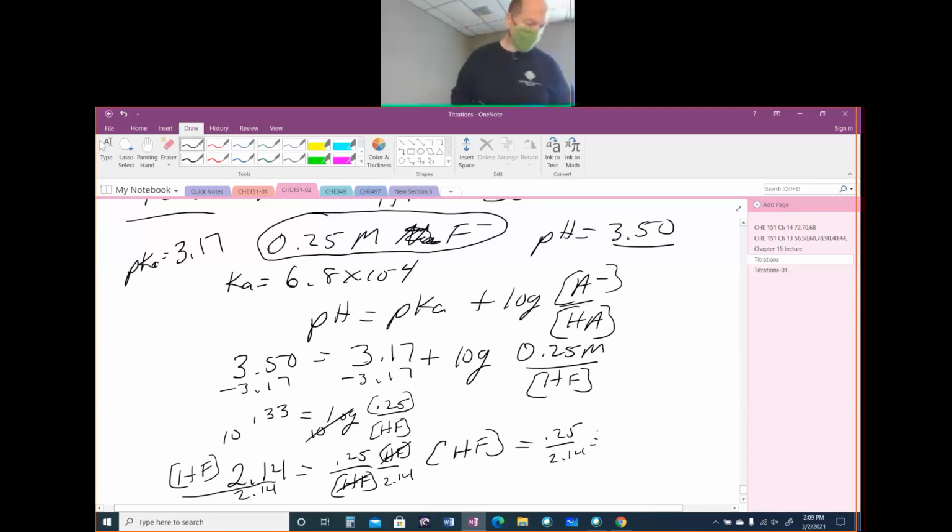And that is a 0.12 molar. To more sig figs, it is 0.1169. All right, so that is the molarity that we need for our HF.